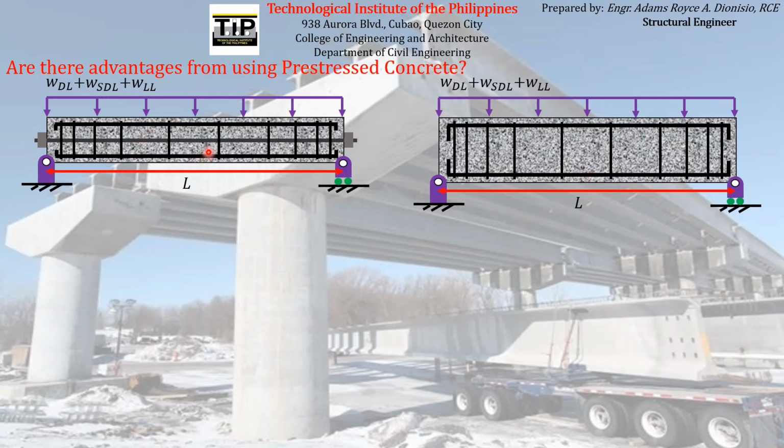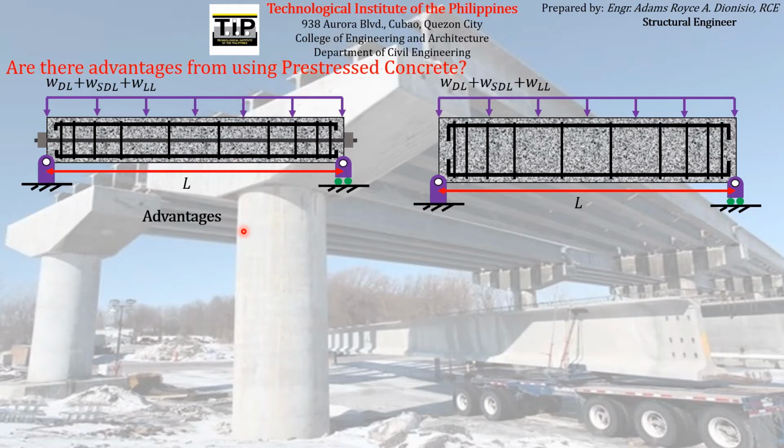They are both carrying the same magnitude of service loads with the same length, same magnitude of span. So let's compare the two. Are there any advantages from using prestressed concrete? So the answer to that question is obviously yes, there are advantages.